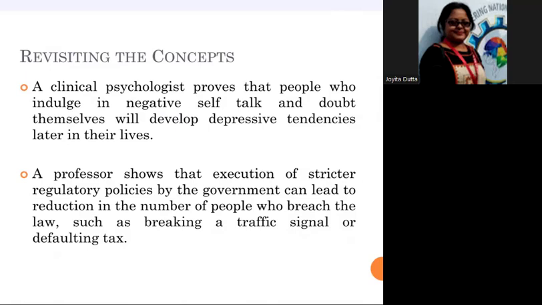Then we are making a prediction, stating that for a person indulging in negative self-talk, there will be depression caused. We are giving an explanation for that.